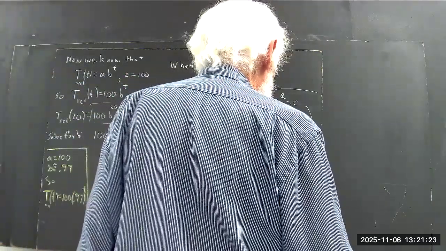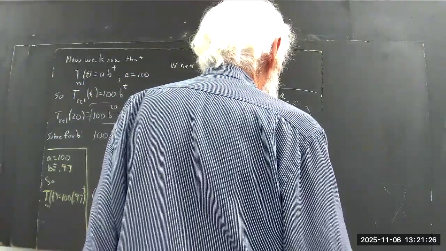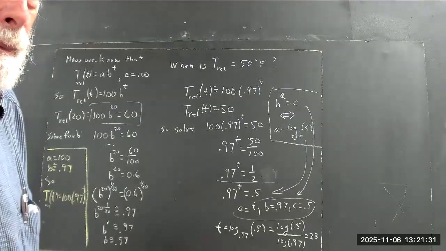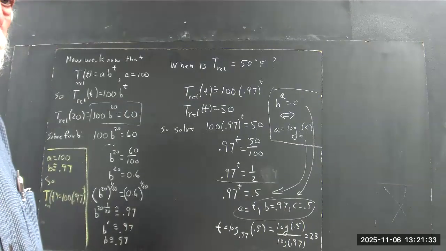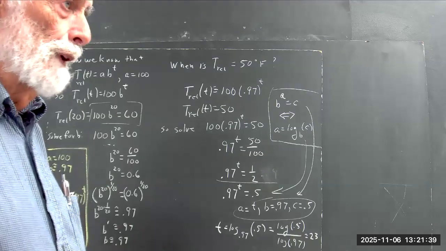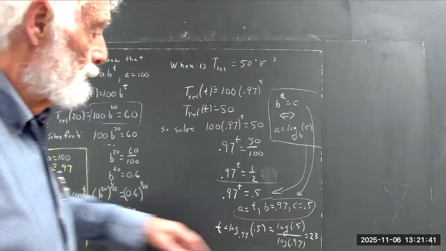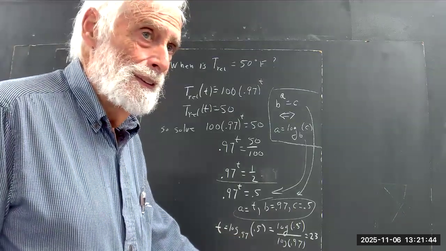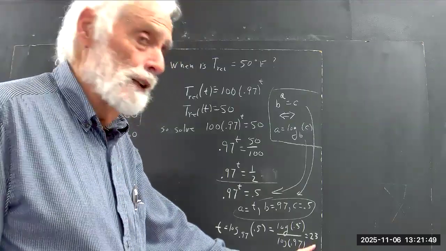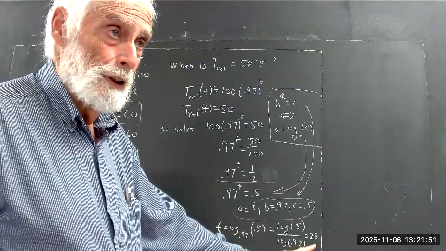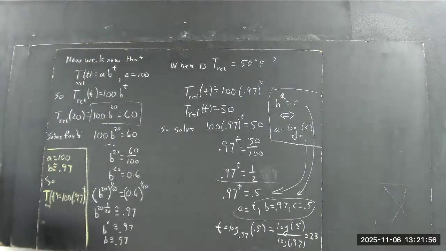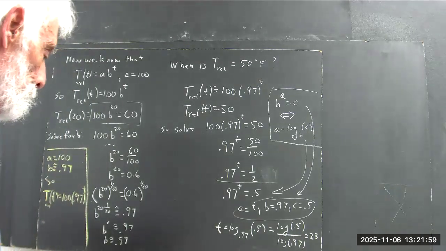And you get approximately 22.7 or something like that. Now, remember the 0.97 should have at least another significant figure to get a little more accurate on that time. It might make a difference of a minute or two. But the method is correct.